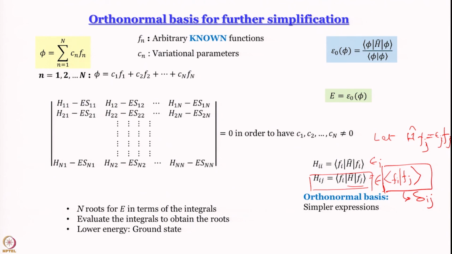So, let us conclude today by saying that if we use an orthonormal basis, we actually get simpler expressions, and the secular determinant becomes a little easier to handle. There is another advantage, but let us talk about that after we discuss how an orthonormal basis simplifies the problem further for us.